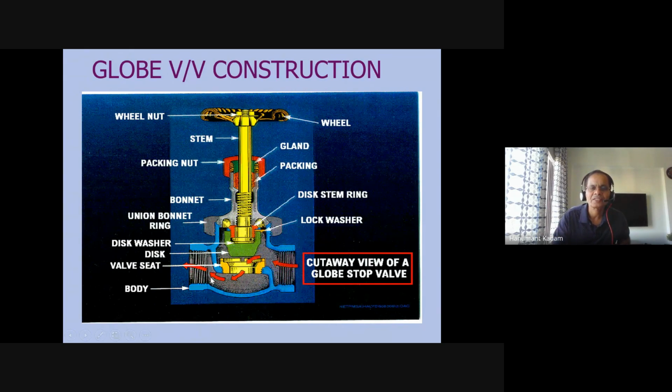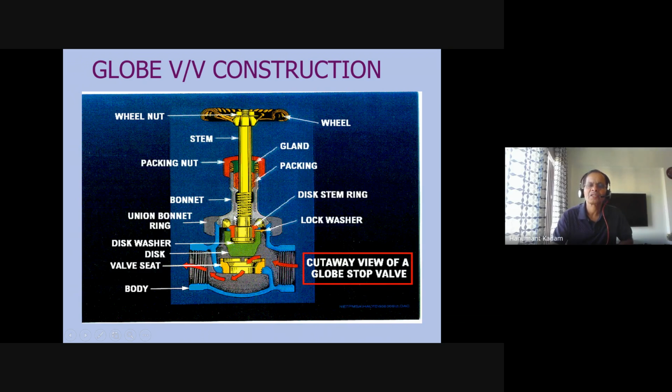So you can see the external blue portion is the valve body. The valve seat is this one, and this is the plug sitting on this disc. Washer is here, disc is here. This is a seat. Union bonnet rings. This is a bonnet. Lock washers. These are the packing material. Disc stem ring here.